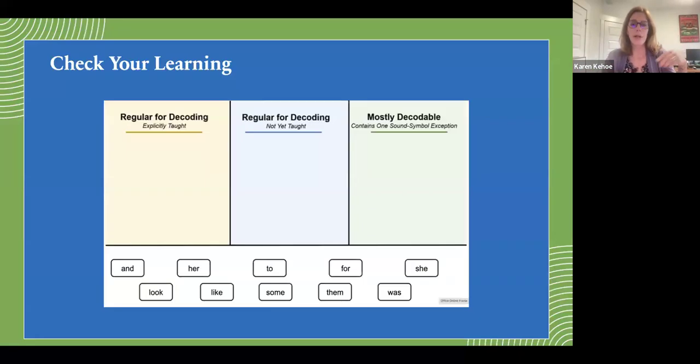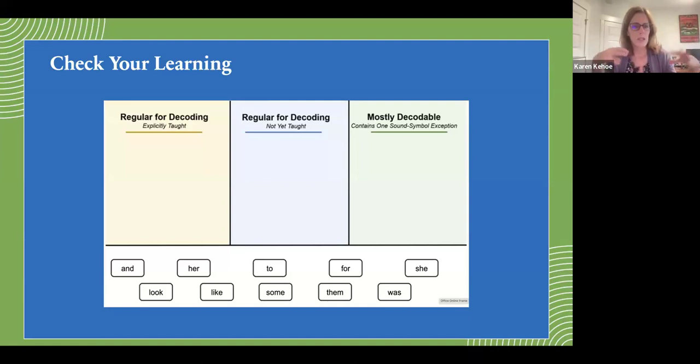And then the check your learning. This is an example from chapter 4, and it is a drag and drop. She gives a little description of the sound symbols that the kids have learned to date. This is in the context of Dr. Hirschman talking about how decodable is relative. We call something a decodable text, but that doesn't mean it's decodable for everybody. It's decodable for the children who have learned the spelling patterns in that text, right?